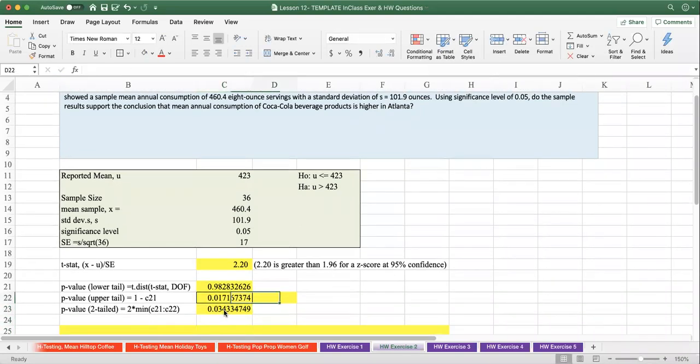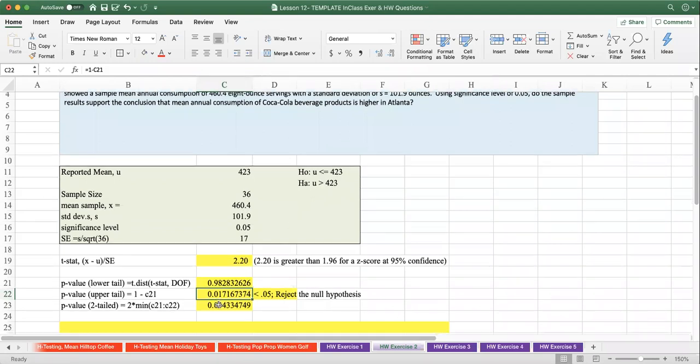Because this value right here is less than 0.05, we would say reject the null hypothesis. We use the upper tail again because we're looking at whether that value is on the upper end, above the mean that we're looking to test.